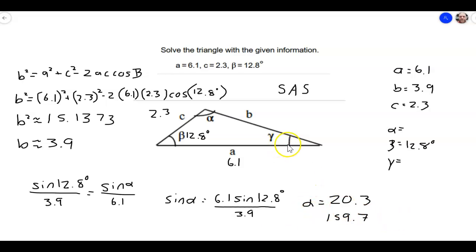And then for the last side here, that side is really small, right?